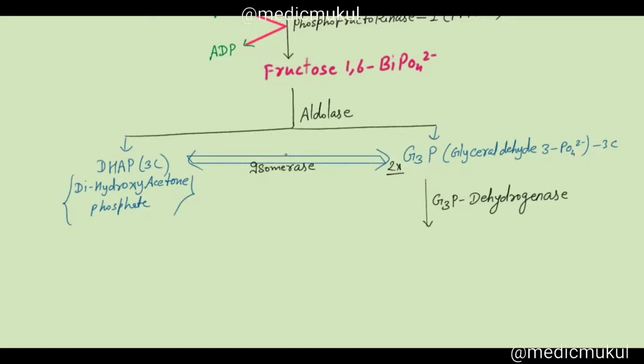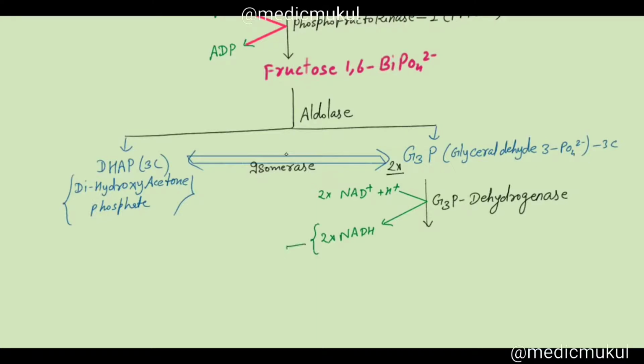So there will be removal of hydrogen, so NAD positive plus H positive will convert into NADH. And again this G3P is 2, so it will be multiplied by 2.